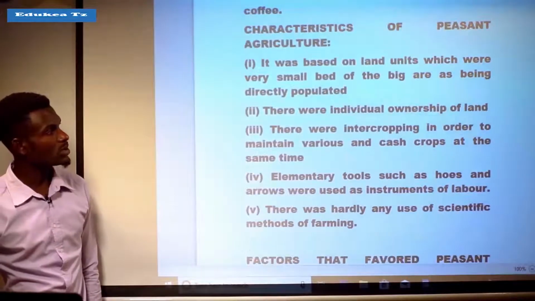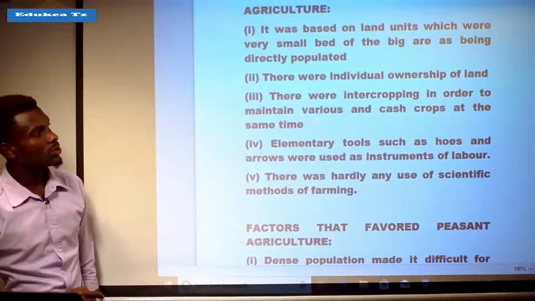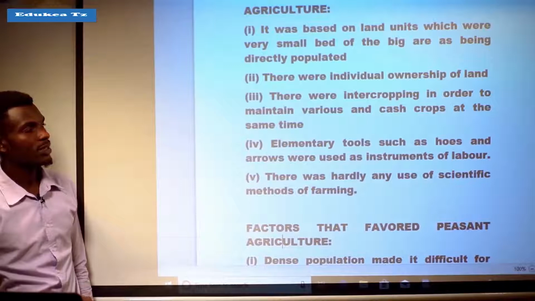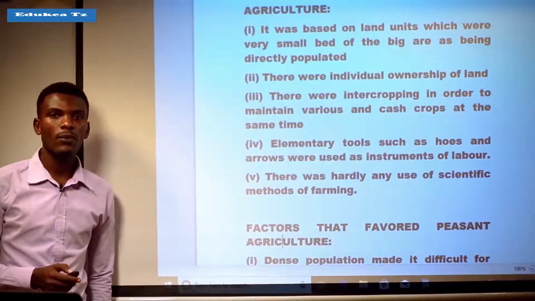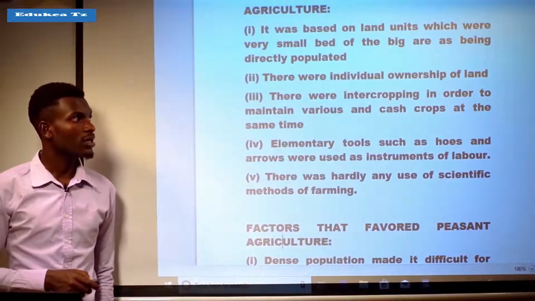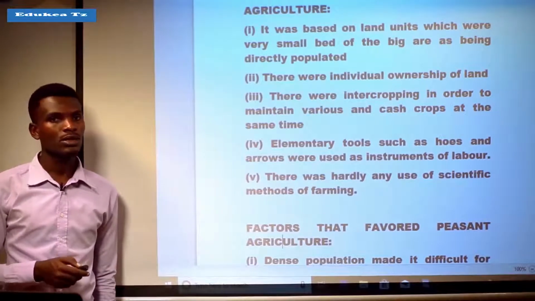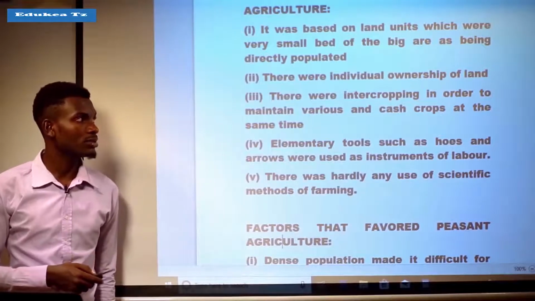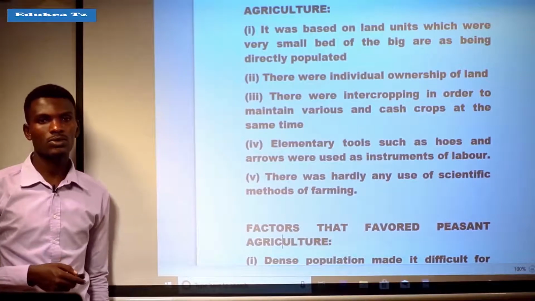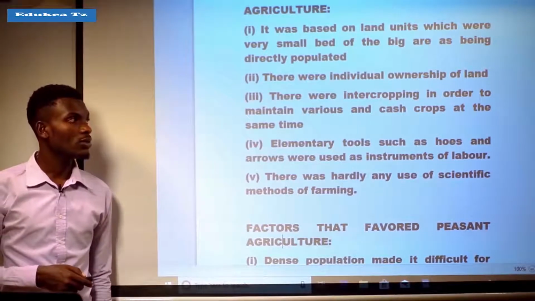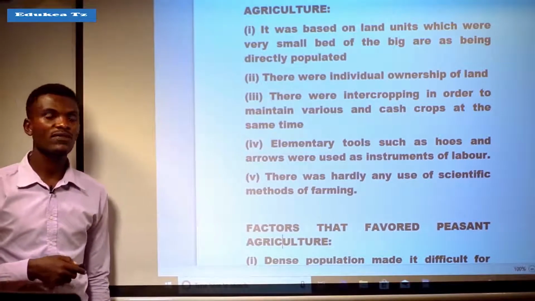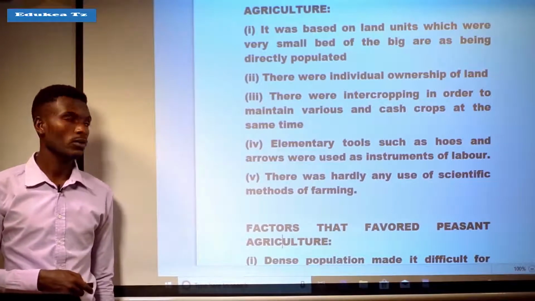Another was intercropping in order to maintain various cash crops at the same time. It means that there was mixing of both cash crops and food crops, growing the cash crops to feed the demands of the colonialists, and at the same time producing food crops for their survival.